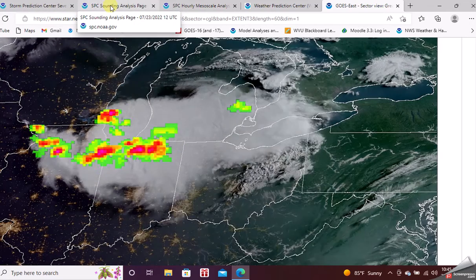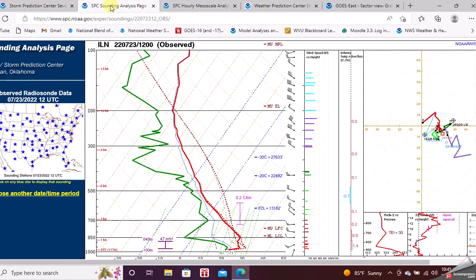Interestingly, when you look at an upper air sounding, this is Wilmington, Ohio, near Dayton. This is the morning upper air sounding. Temperatures are in red, dew points in green. One of the interesting things meteorologists like to do is plot temperatures so that minus 10 goes this way, minus 20 goes this way.